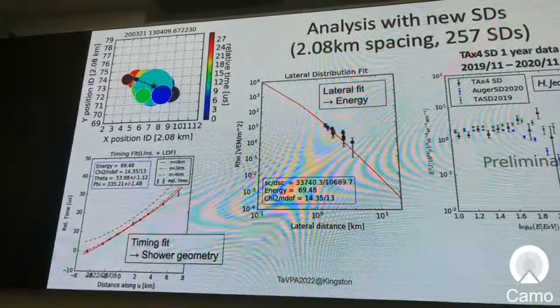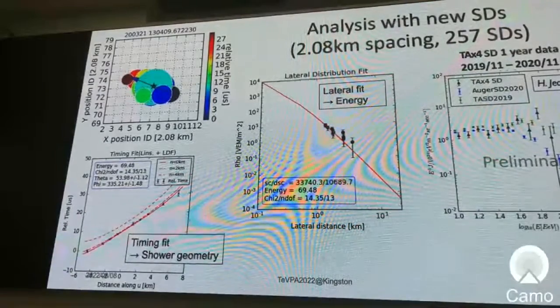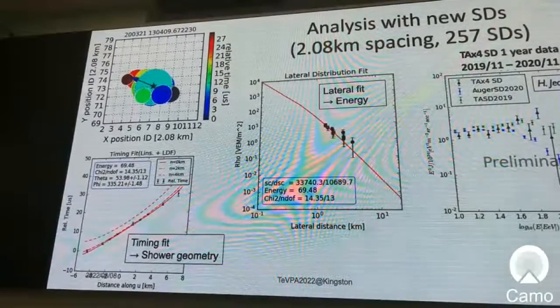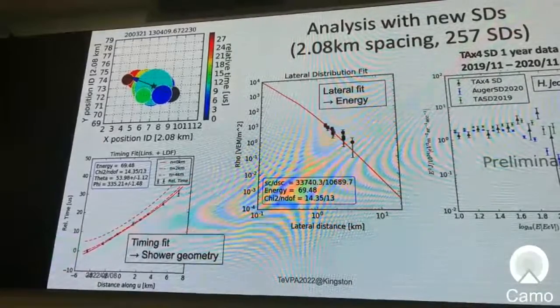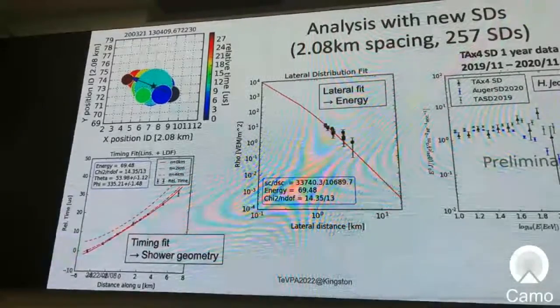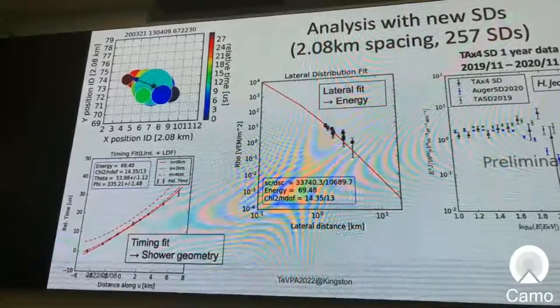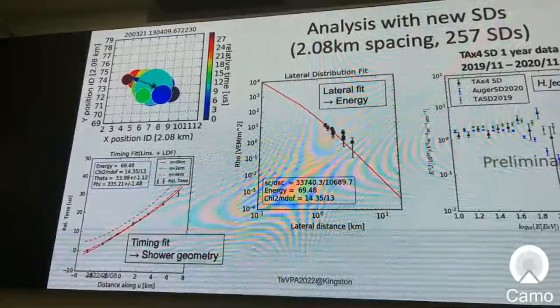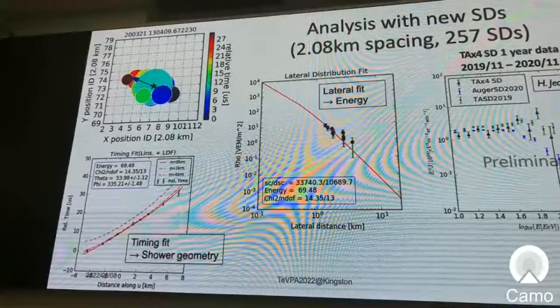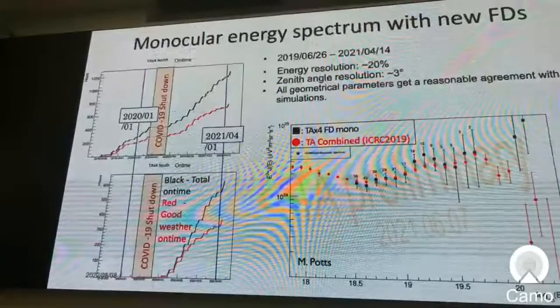Then, okay, so I just briefly look at the result. We already measured the energy spectrum. This is a footprint of the TAx4 new analysis with just the new detector. And these black points are the preliminary energy spectrum, only with the newly developed detector. This is consistent with the previous energy spectrum.